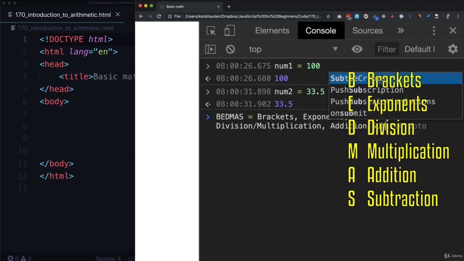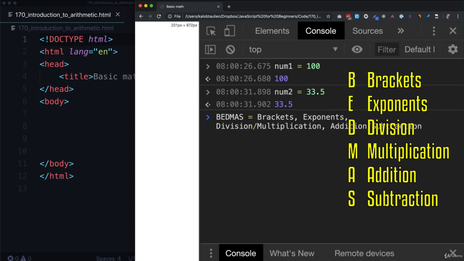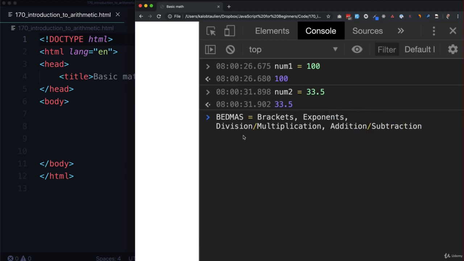I don't know how to spell that apparently, subtraction. And so the idea here is whenever you have advanced math, it's not really advanced, but it's a little more advanced, I guess. There's an order of operations and it's BEDMAS. So whenever you see brackets, do the math inside of those first, then the exponents, then division and multiplication, whichever comes first from left to right, and then addition or subtraction, whichever comes first from left to right.